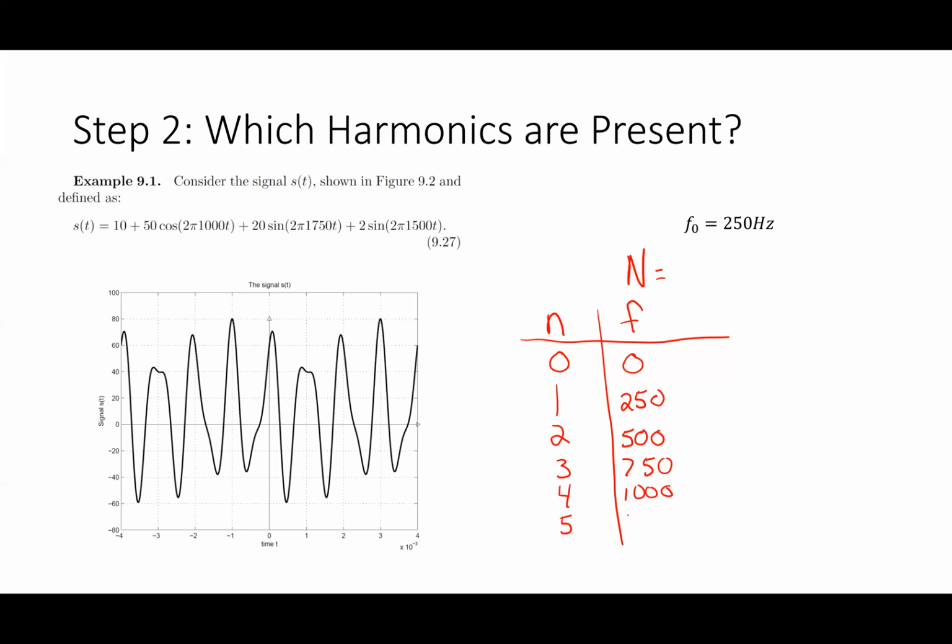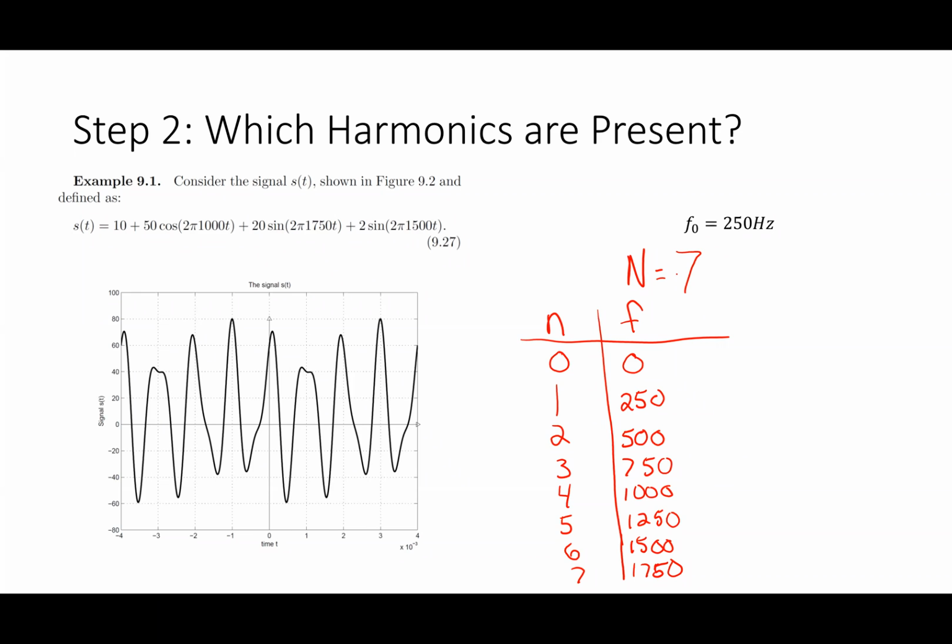And for 5, it would be 1,250. 6 would be what? 1,500. 7 would be 1,750. So what's the highest harmonic that appears in this thing? 7. Okay. The highest harmonic that I have here is 7. Okay. So we've figured that out pretty quickly. All right. So that's pretty straightforward.